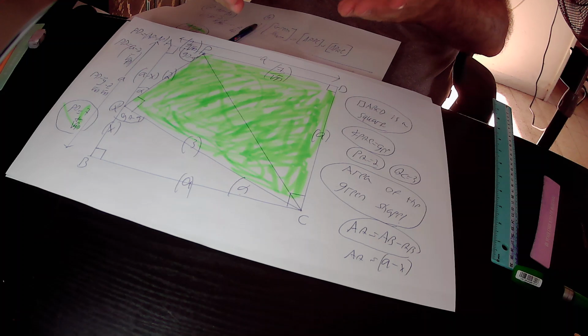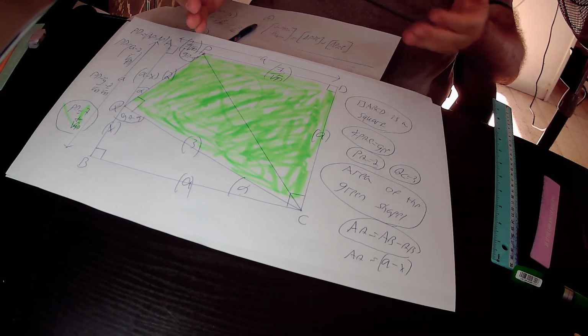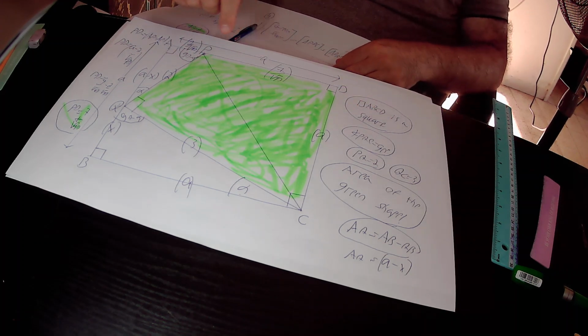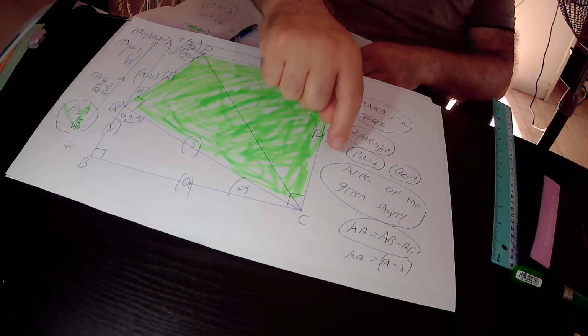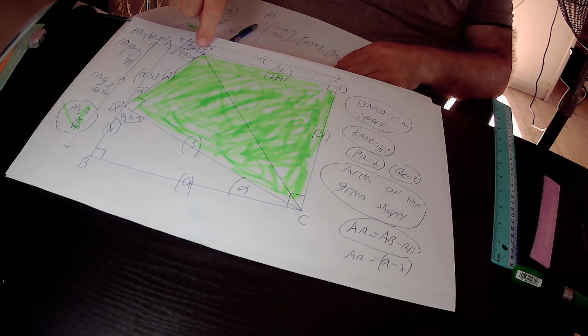The area of the green shape must be equal to the sum of those two right triangles.